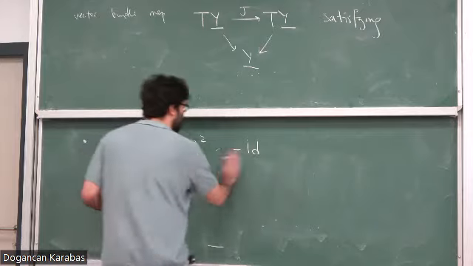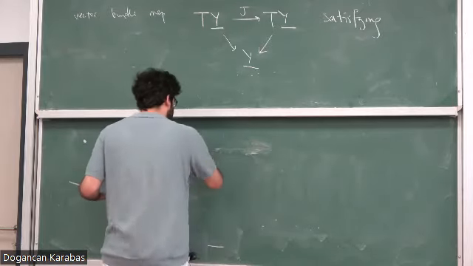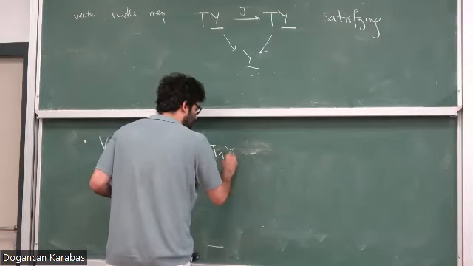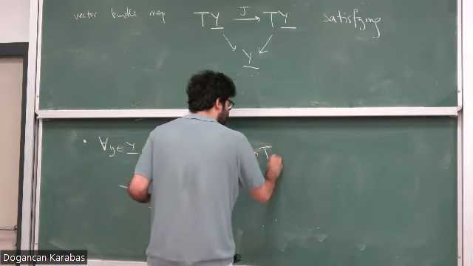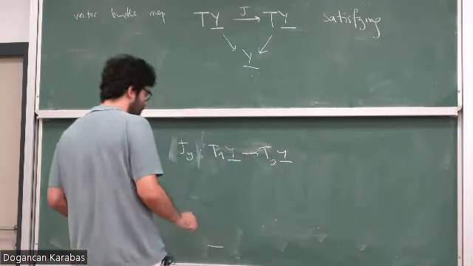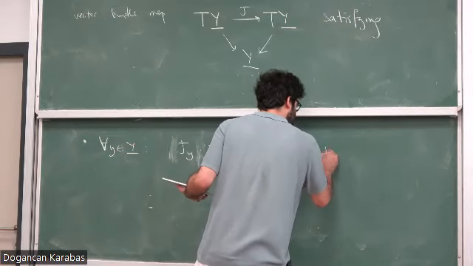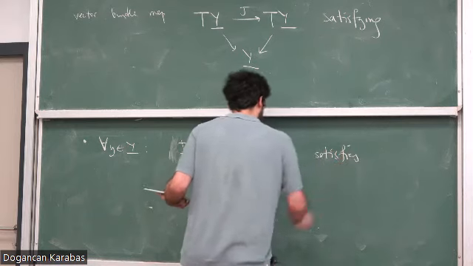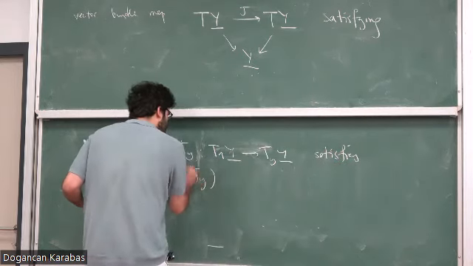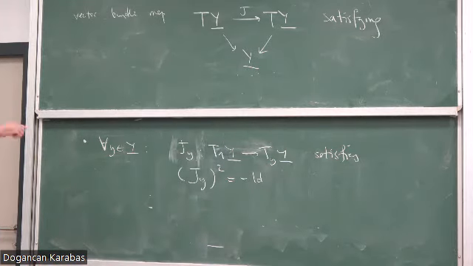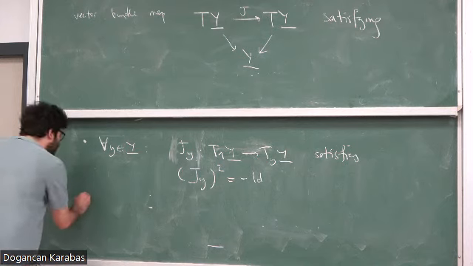So J_Y, let me say it like this, just to be even more clear. This is a map from the tangent space to itself, and it satisfies the property that its square is equal to minus the identity. So it's kind of like i squared is -1. That's coming from that.